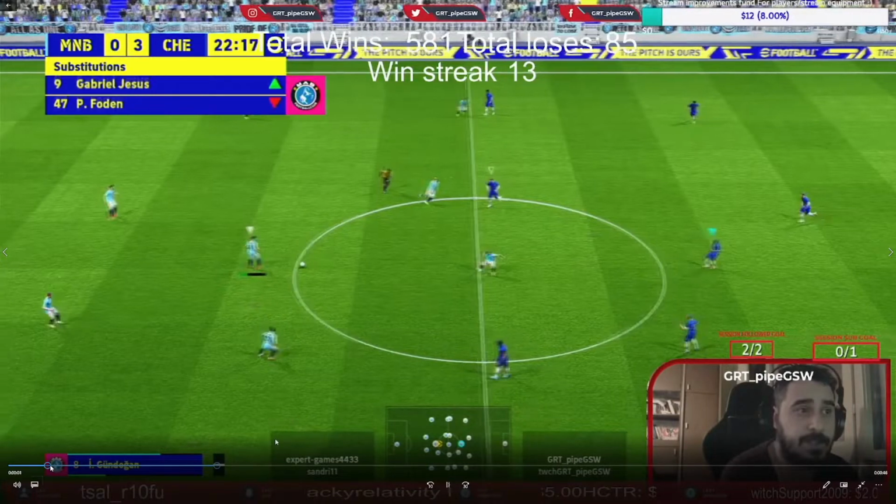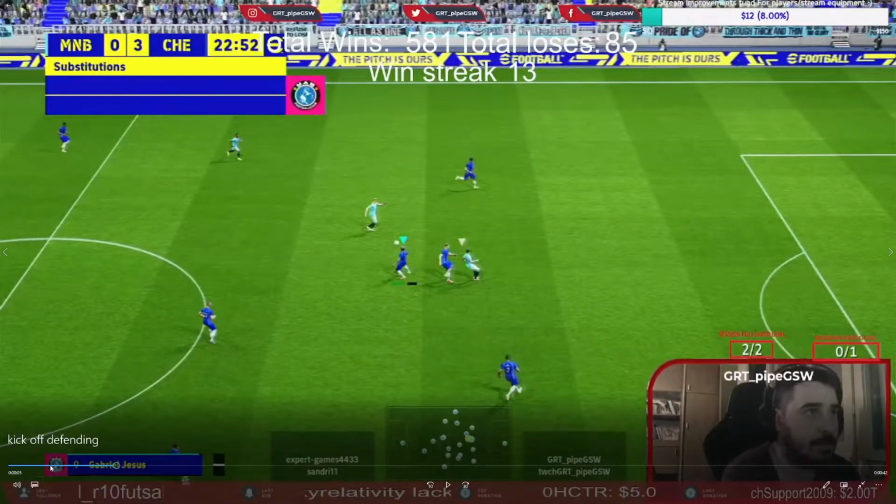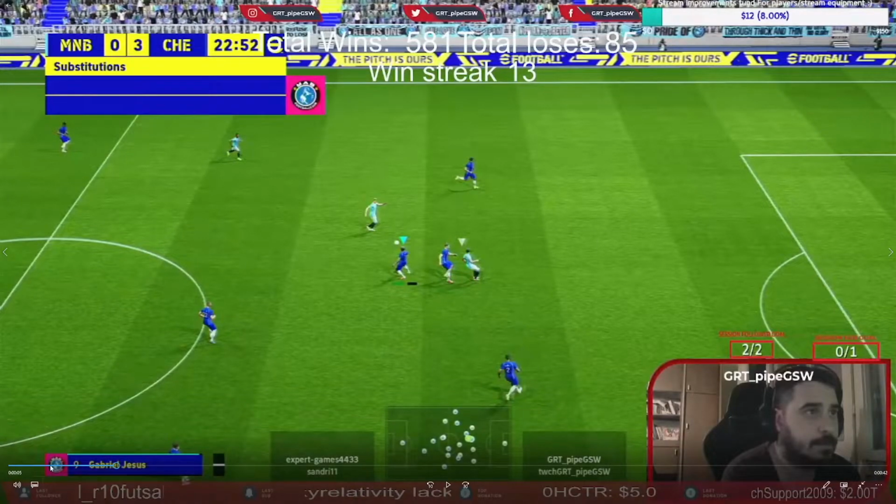So as you can see from this situation as well, look at this. Kante is there, covering the space, taking that ball, and I'm already pressing the X button so that ball can go somewhere in attack.